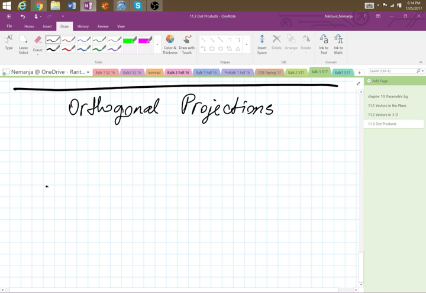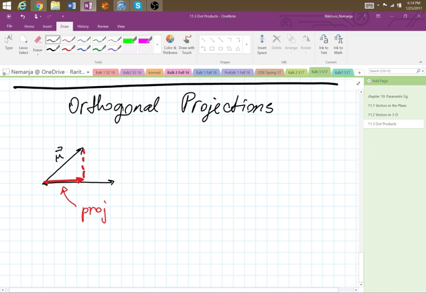And then as you drop, there is the projection vector right there. So I have vectors u and v, and I project orthogonally, which is 90 degrees.